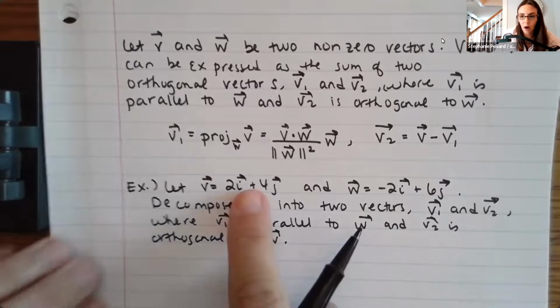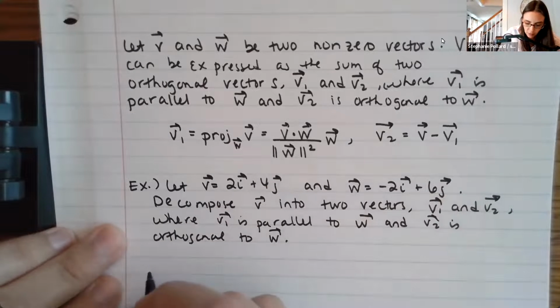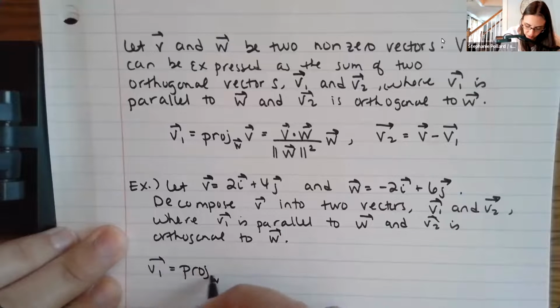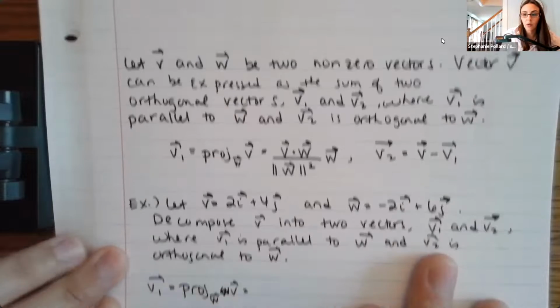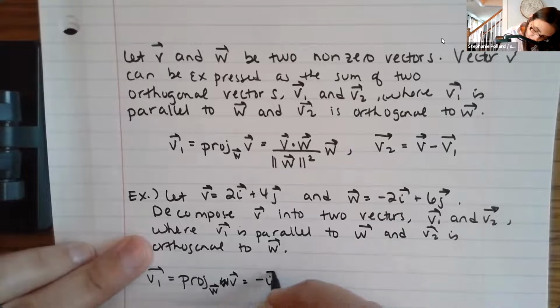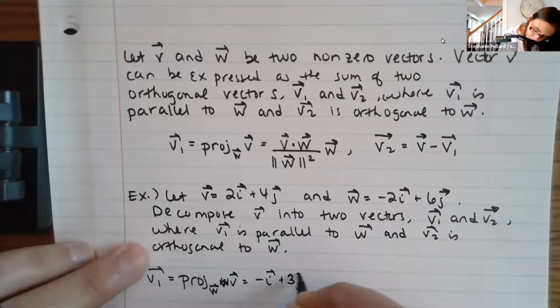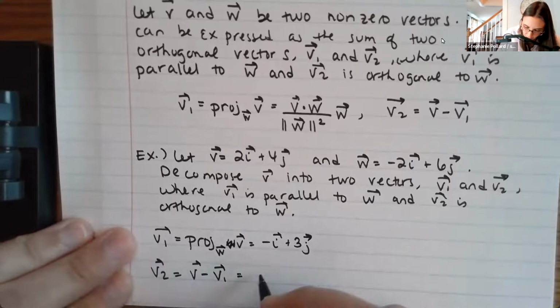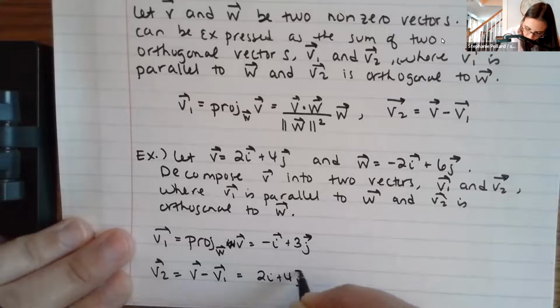Now, these are the two vectors we've already used. So I already know v1, because I've already found the projection of v onto w from above. If we just scroll up here, I have the answer already. It was negative i plus 3j. And then I can find v2 by taking v and subtracting v1. So my v here is 2i plus 4j.